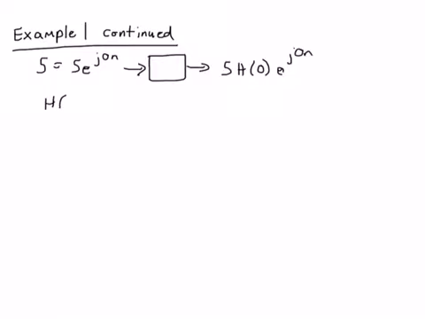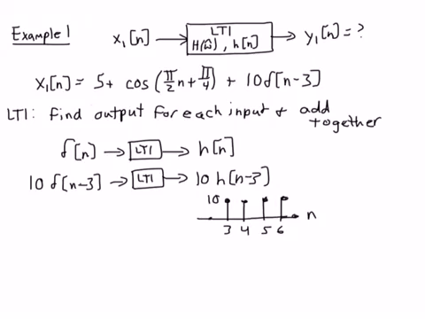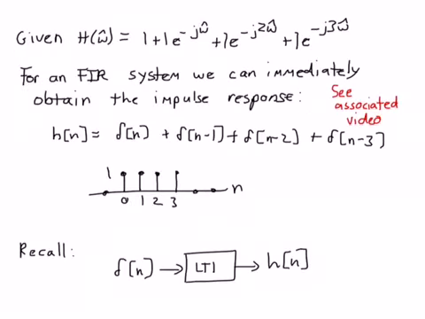H of 0 is equal to, I'm just going to plug in 0 everywhere I see omega in the frequency response equation. So let's just quickly look back. The frequency response is this expression, so I'm just plugging in 0 for each of these terms.